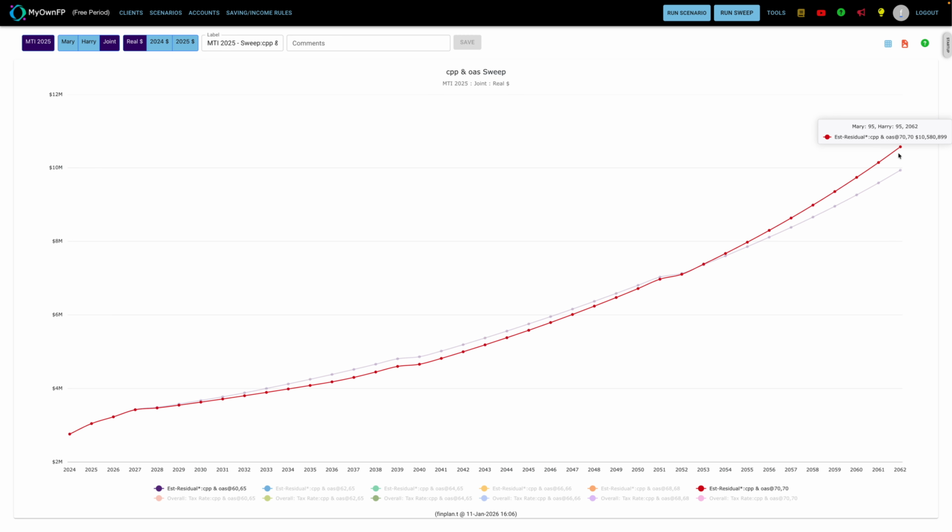So $600,000 difference at the end of life for the estate for both individuals. So that's nothing to sneeze at. That's now 6% of your estate, which is now starting to get significant.